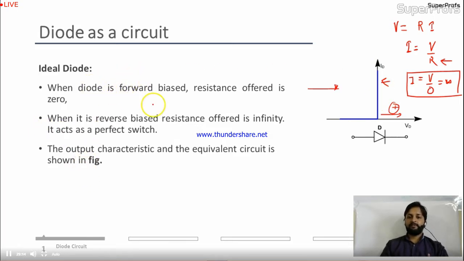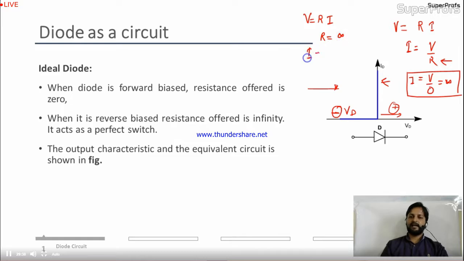But what about the reverse biasing? In the reverse biasing, you apply the negative voltage. Here is the negative voltage, here is the positive voltage. In the positive voltage case, the current is infinite. But in this region, V equal to Ri again, the resistance offered in reverse bias, or when V less than 0, is infinity.